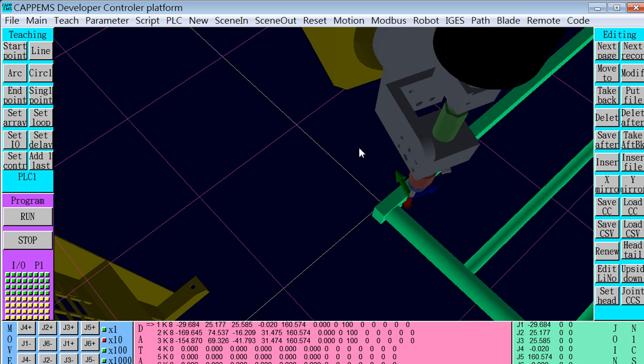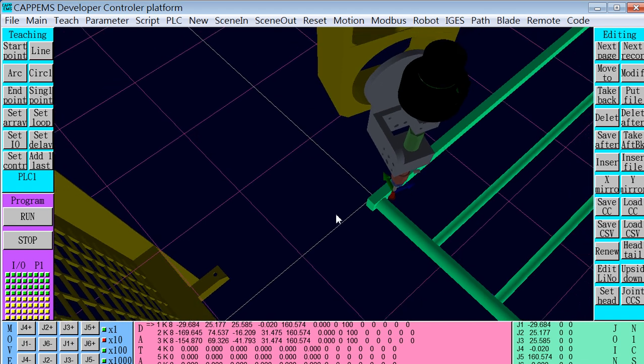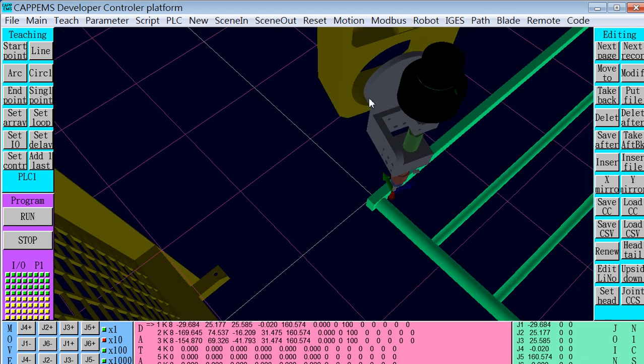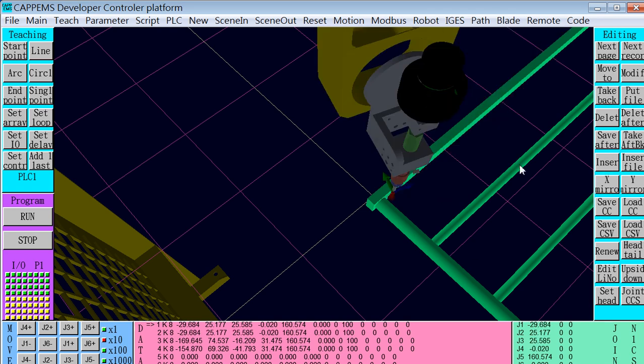Then the C has to adjust to 0. The same and line 1. Insert, move to, and the joint mode J6 has to be adjusted to 0. So that is the speeds.